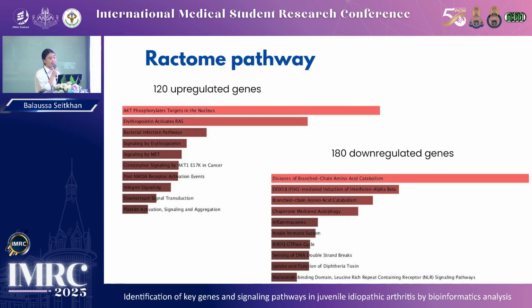Last but not least, the Reactome pathway. This Reactome pathway pointed to the AKT survival pathways for upregulated genes, and then you can see the problems with catabolism of amino acids in downregulated genes.